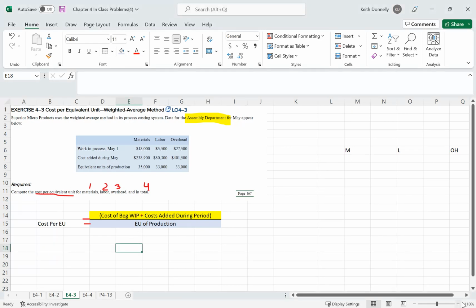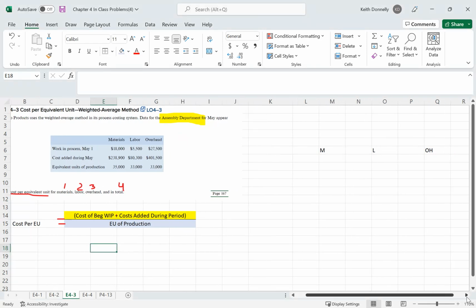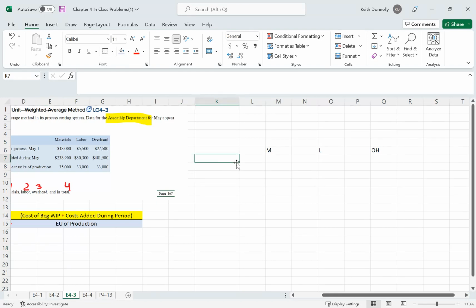So what we have to do in using this formula is carry it over here. We're going to have the cost of our beginning WIP plus the costs added during the period. That's going to give you your total cost. So let's start with the numerator.